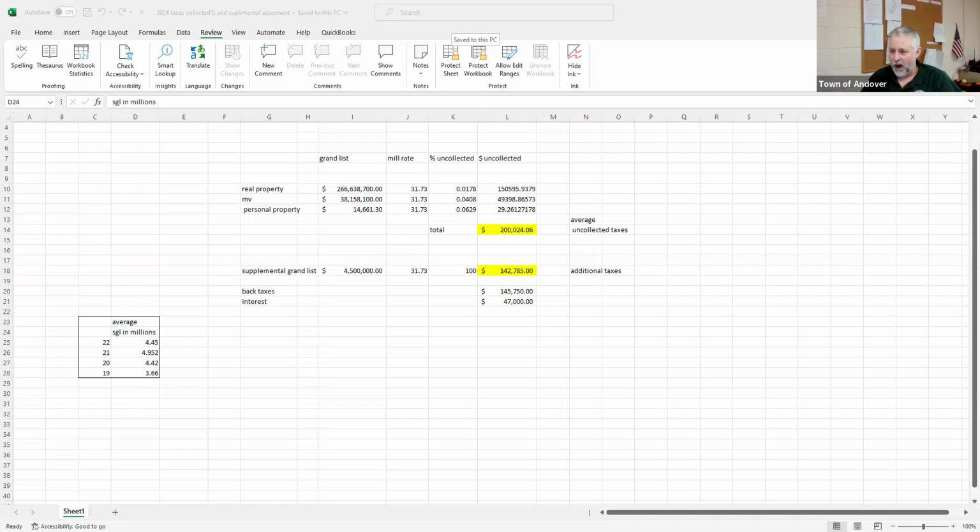But in the budget, we also put in a number for how much we think we're going to get in back taxes and how much we think we're going to get in interest. Okay, what's that number? Because you're giving us half the story. If I collected 330 and I'm $130,000 over the number, I'm in a better position.